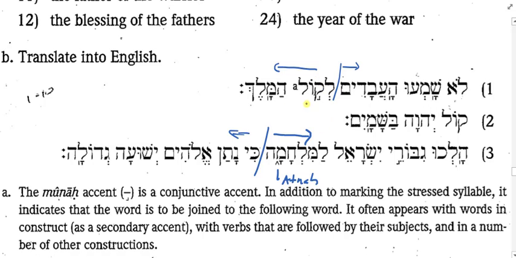So when you see this conjunctive accent, this word's going to be read more closely with the following word, okay? So thank you for asking that because I'd forgotten he'd introduced that to you here. All right. Any other questions about the actual homework?